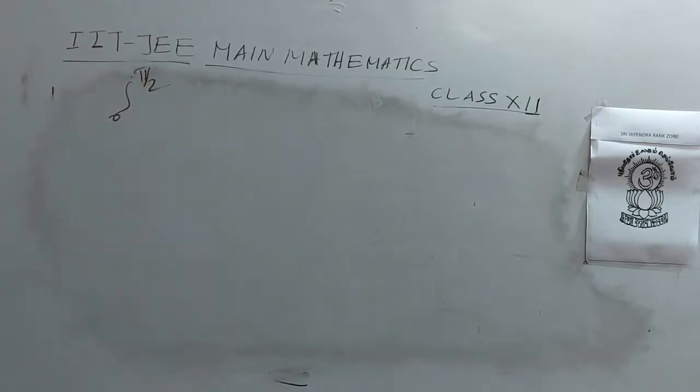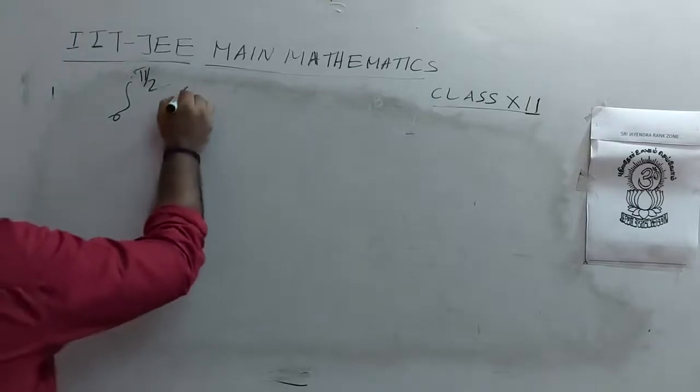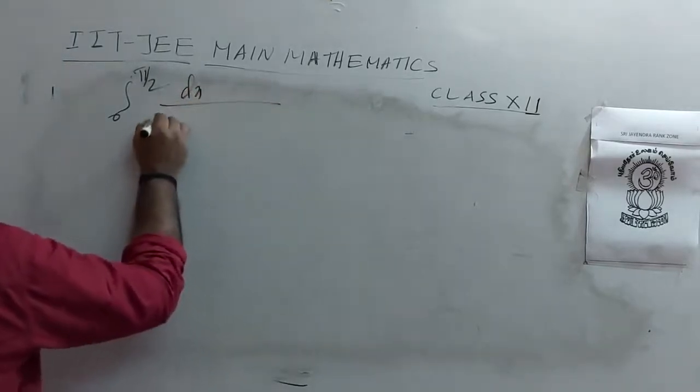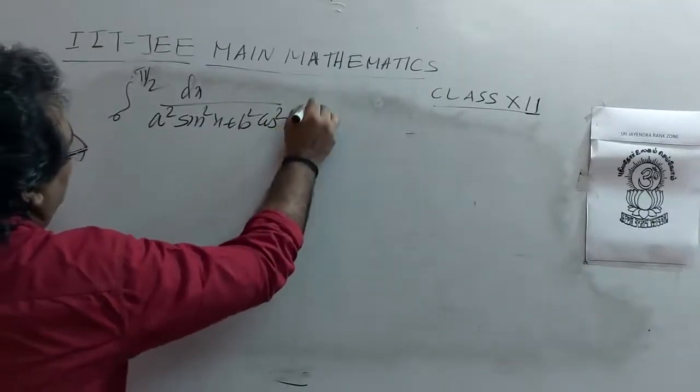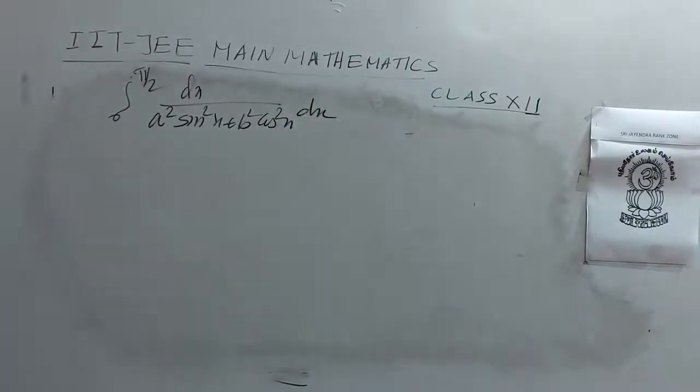Integral 0 to pi by 2 of dx by a square sin squared x plus b squared cos squared x.